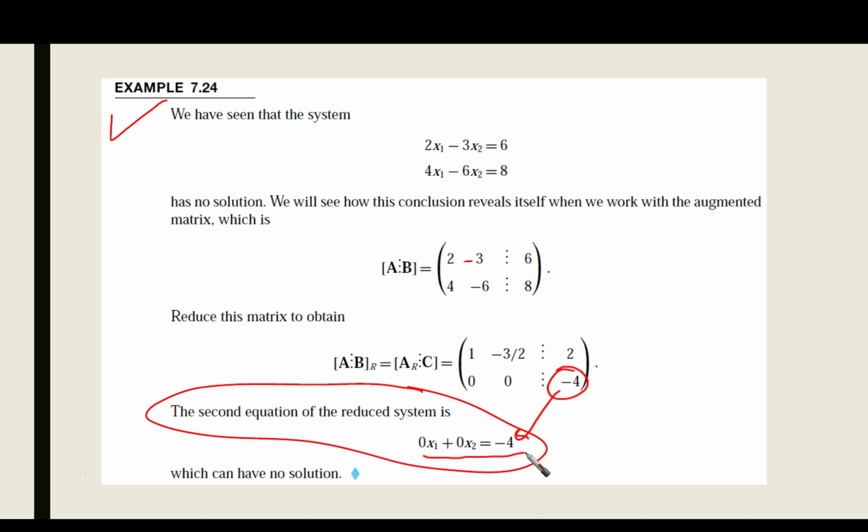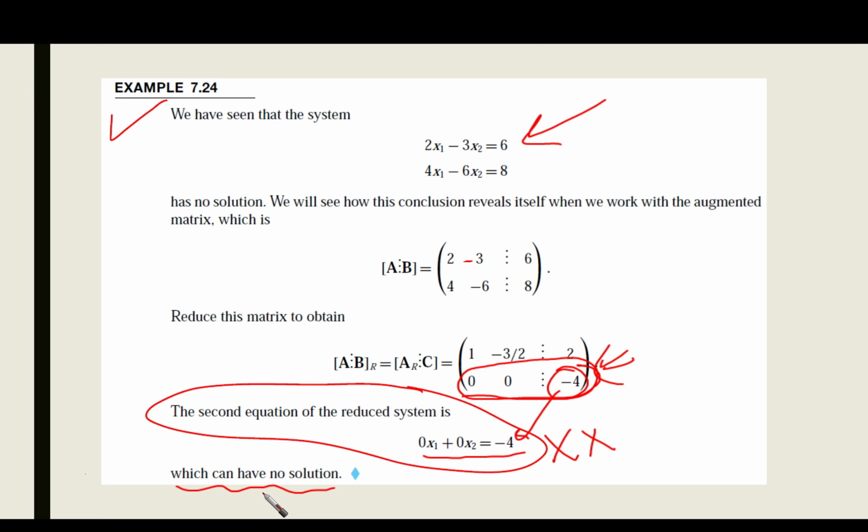Can you imagine this? 0x1 plus 0x2 equals -4? It doesn't work, right? There is something wrong. And this is why we said that this system does not have a solution. Why? Because the equation does not give any logic, which means there can be no solution.